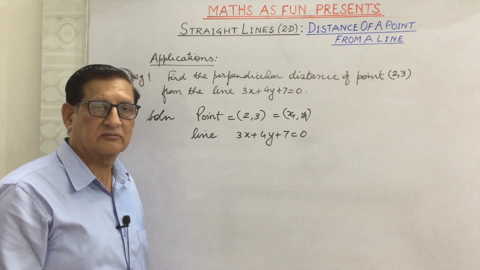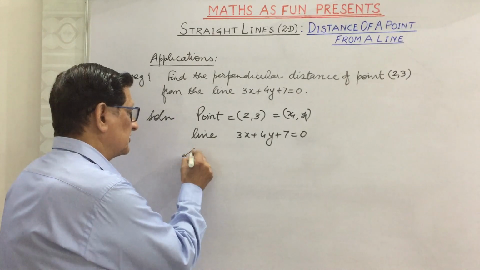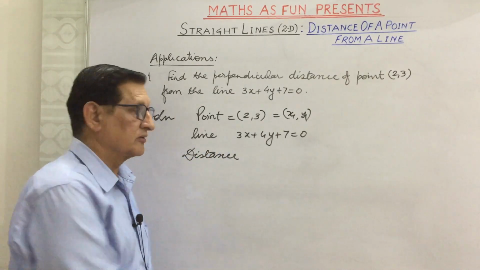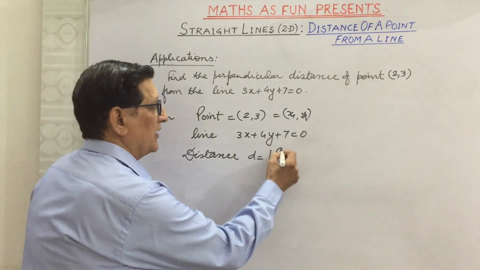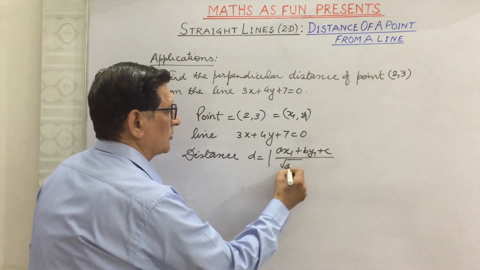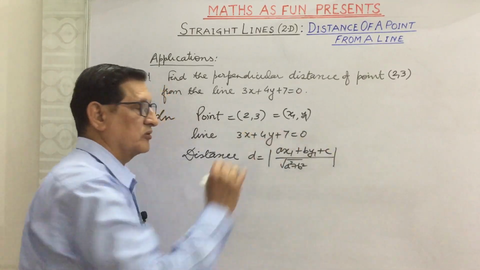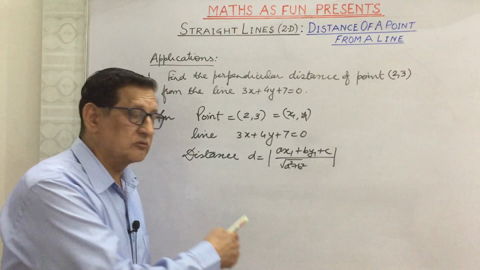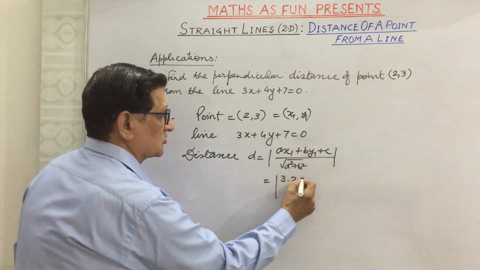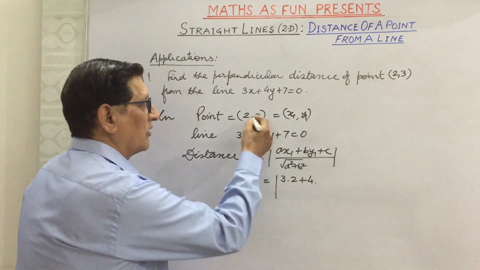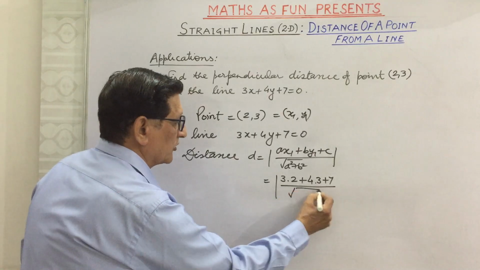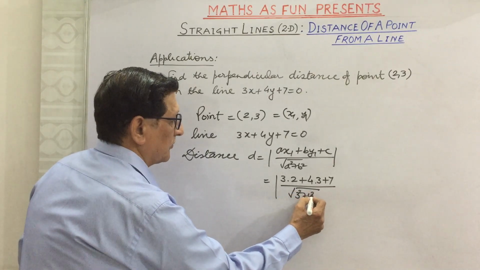We know how to find that. And hence, the distance of the point from the line can be found by the formula d equal to modulus of ax1 plus by1 plus c upon root of a square plus b square. Substituting the values, we get a means 3, x1 means 2, b means 4, y1 means 3, plus 7, that is c, upon root of a square plus b square.